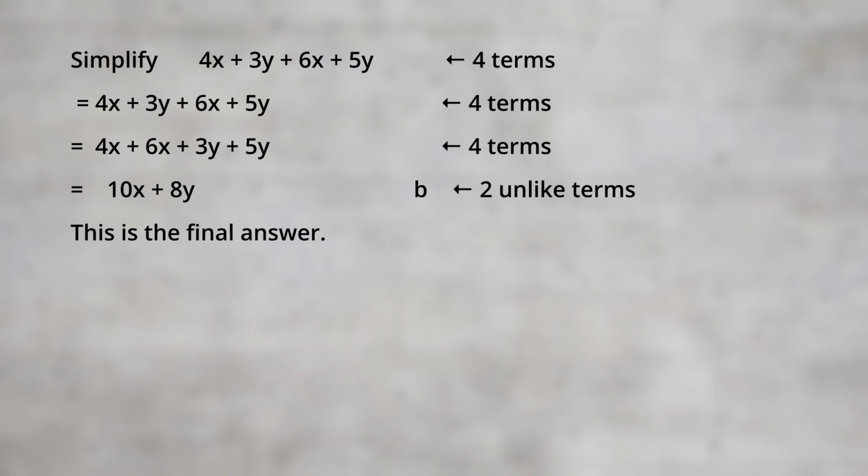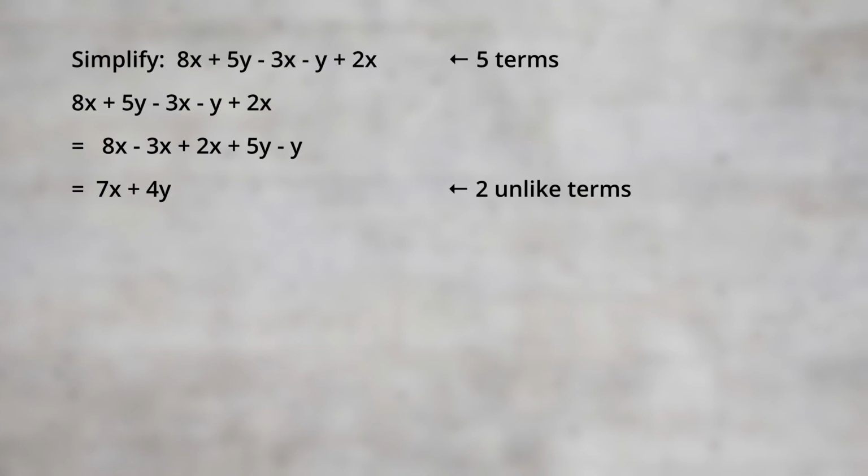Remember that a positive or negative sign applies to the term immediately after it. Consider the expression 8x plus 5y minus 3x minus y plus 2x. Take a few moments and simplify it. Did you end up with only 2 terms in your answer? 7x plus 4y.